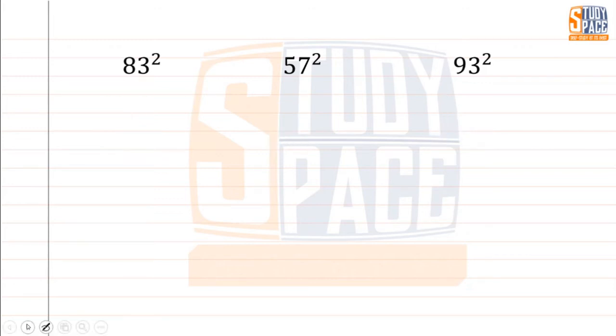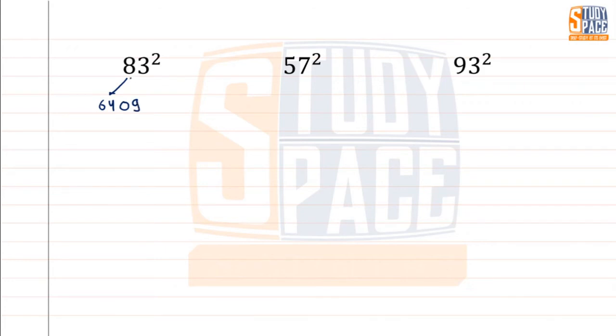Now once again, if we start with 83 square, first just write the square of 8. Hopefully everyone knows that, it is 64. Then the square of 3, which is 9. 9 is a single digit number, so it will be written as 09.